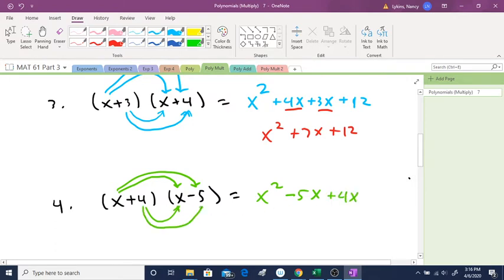Go under again, 4 times negative 5 is a negative 20. Now, I can combine my negative 5x and my 4x. I get x squared minus x minus 20. Now, there is a minus 1 there, but you can leave the 1 out.